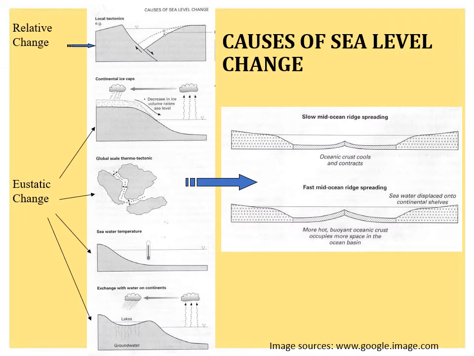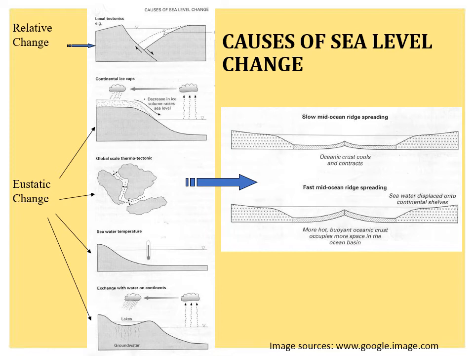Now, the causes of sea level changes, as I already told you, may be global, regional or local scale. That means they are eustatic. Eustatic means when all the ice caps frozen in the landmass are melted.